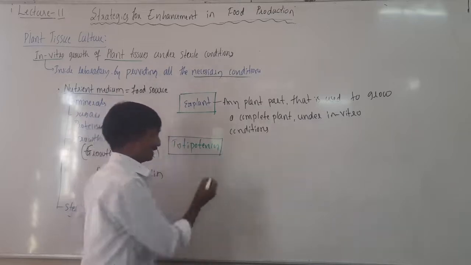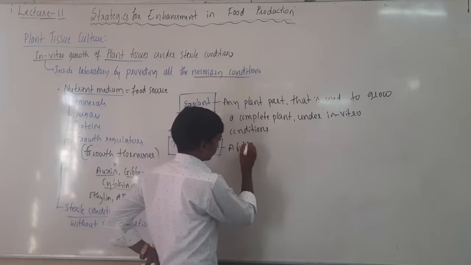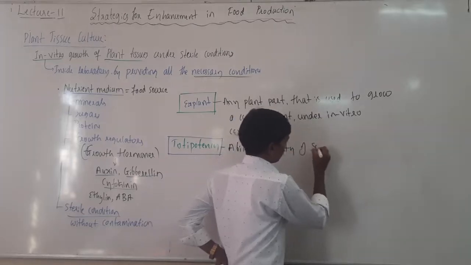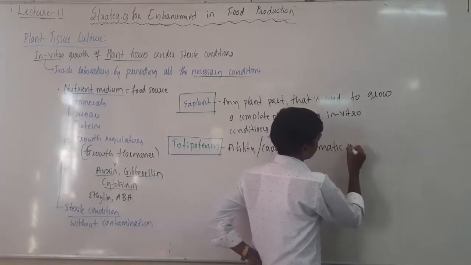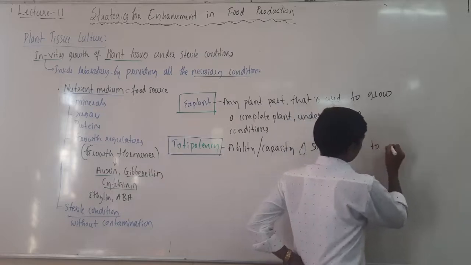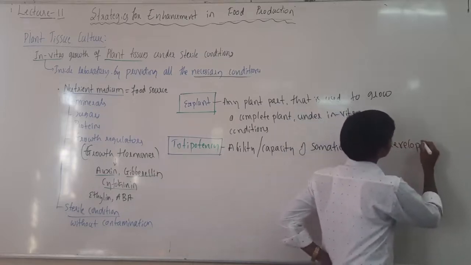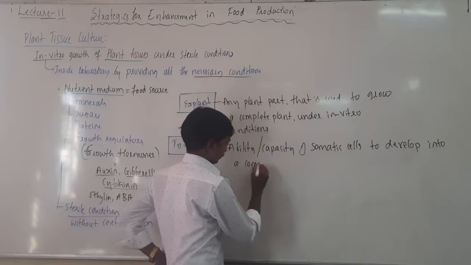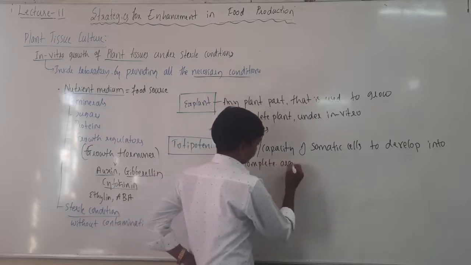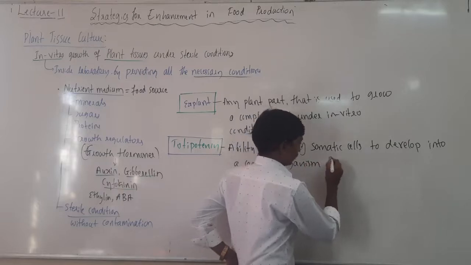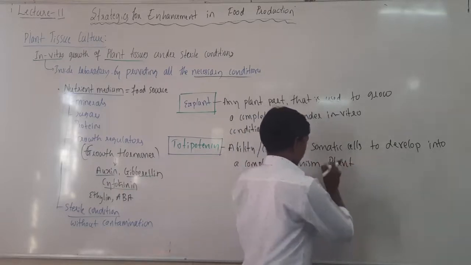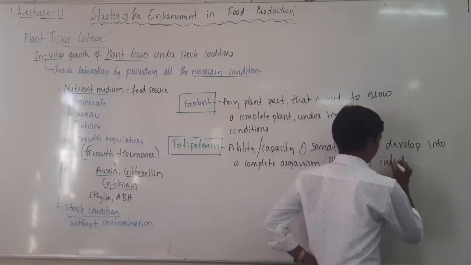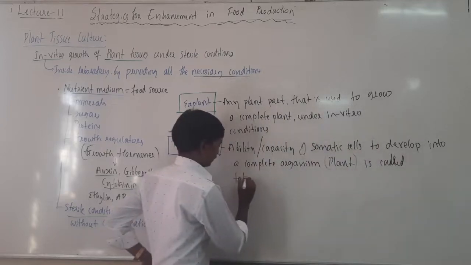Totipotency is the ability or capacity of somatic cells to develop into a complete organism, here a complete plant.